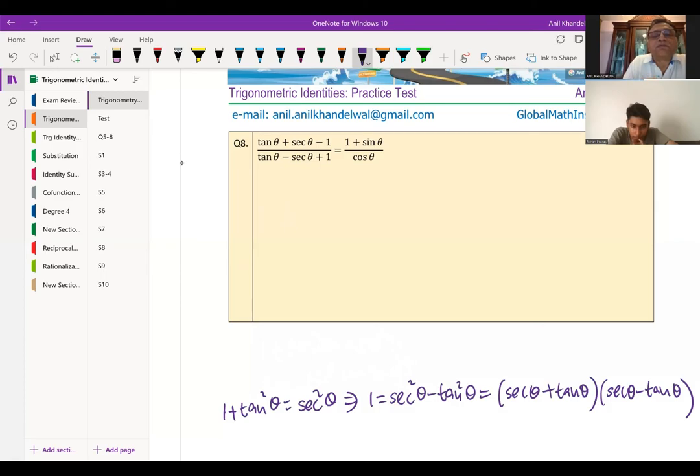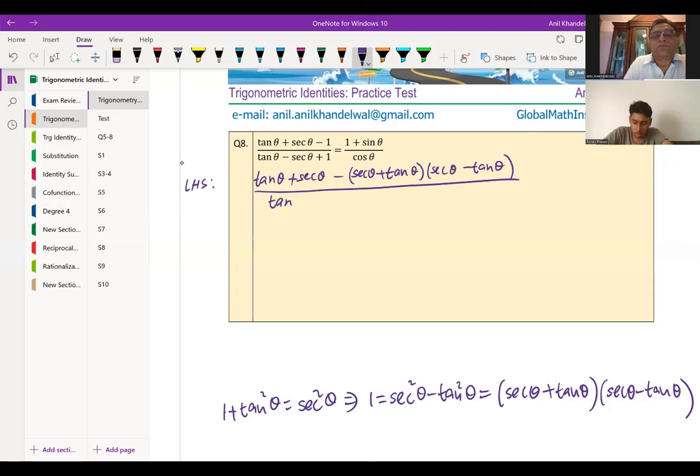In the left-hand side, we have tan theta plus secant theta. Instead of minus 1, I'm writing secant theta plus tan theta times secant theta minus tan theta, product of sum and difference. And in the denominator, we have tan theta minus secant theta plus 1. Do you see that?